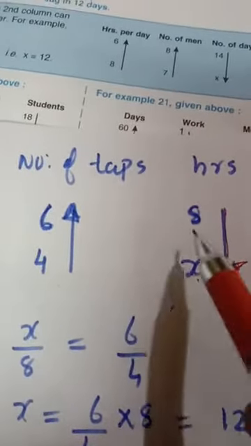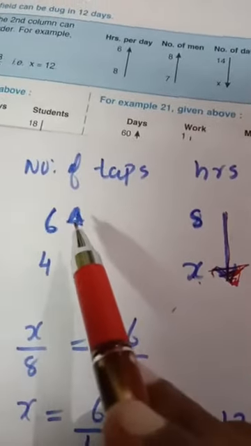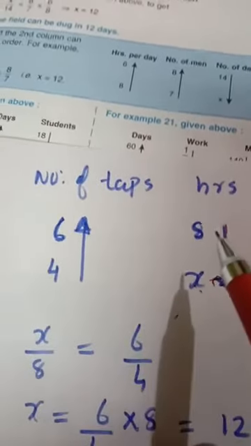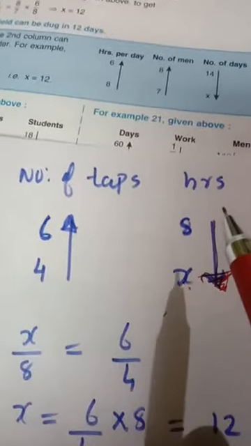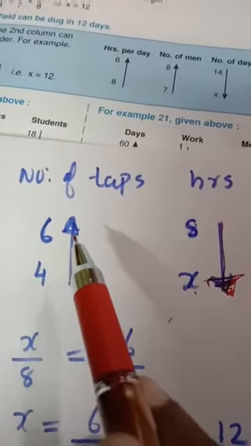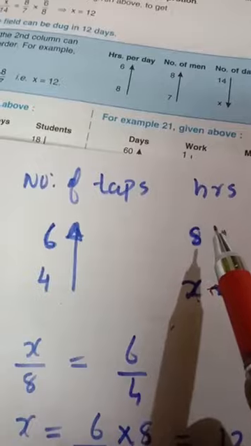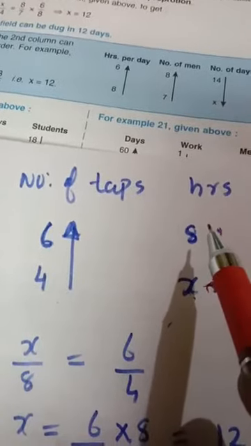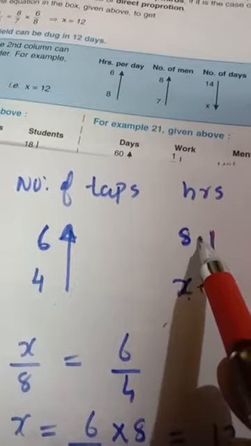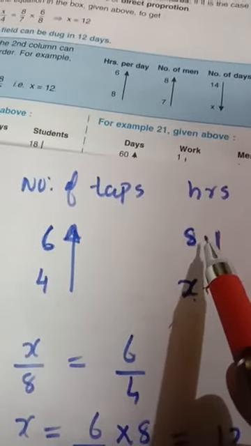Now see, when there are many taps, the container fills very fast. There are 6 taps, so the tank fills very fast, and that means it took 8 hours.